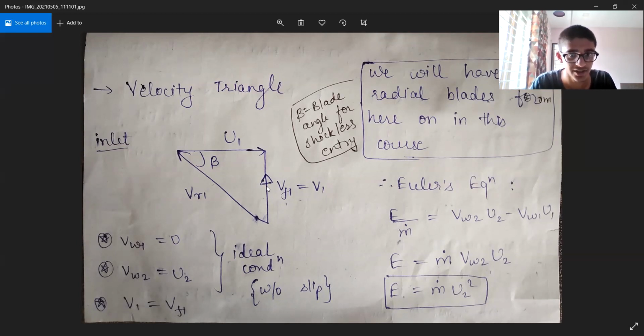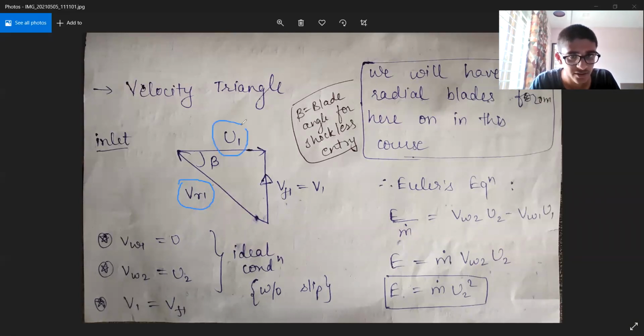The velocity triangles will be using the concepts from how the compressor is working. So we know that the centrifugal compressor has an axial entry and a radial outlet. So you must remember what the different terminologies over here are. VR1 indicates the relative velocity.